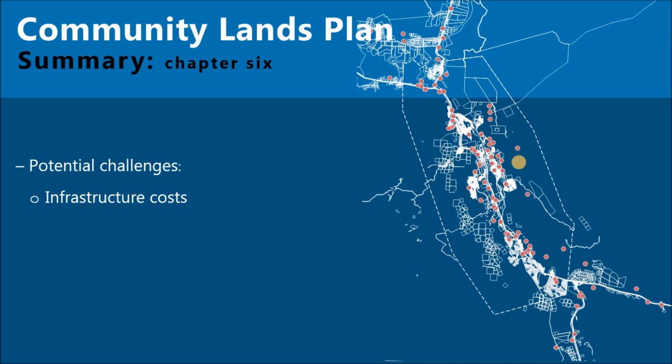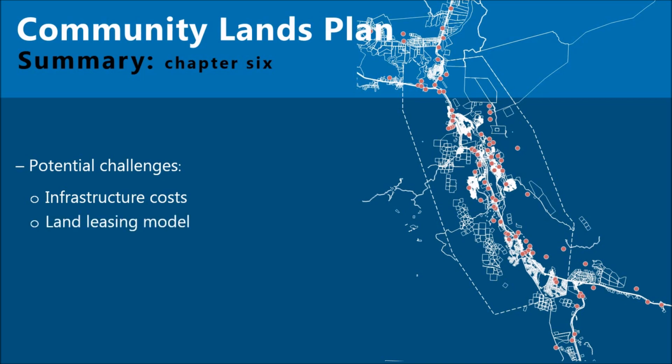So any development of that parcel will be expensive because we'll have to bring infrastructure out there, and it's an issue for a lot of Kwalndun's parcels. That's going to require partnership, and it's a challenge. It's not an insurmountable challenge, but it is something that Kwalndun will have to plan for.